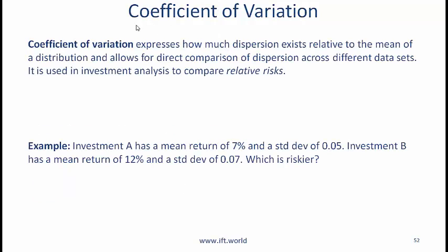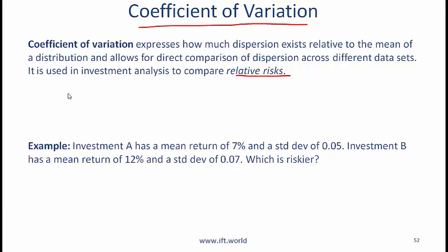Moving now to the coefficient of variation. Coefficient of variation expresses how much dispersion exists relative to the mean of a distribution and allows for direct comparison of dispersion across data sets. It is used in investment analysis to compare relative risks.